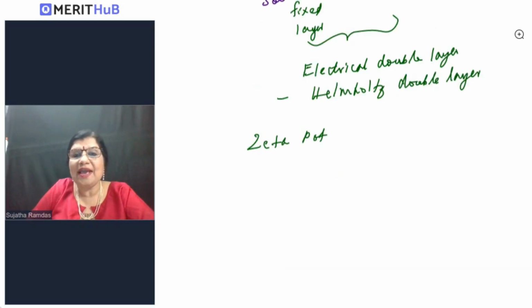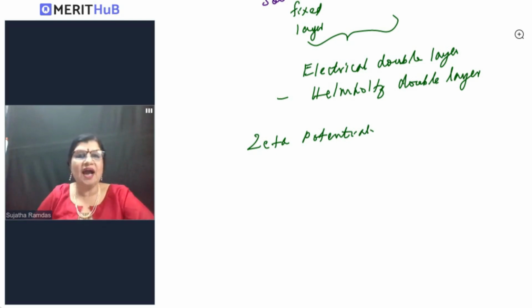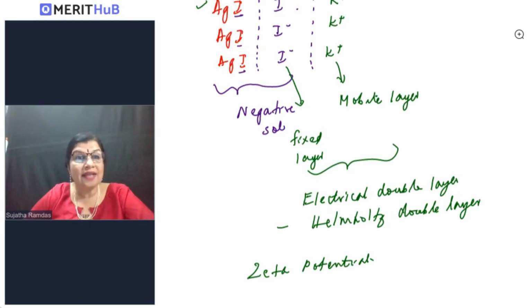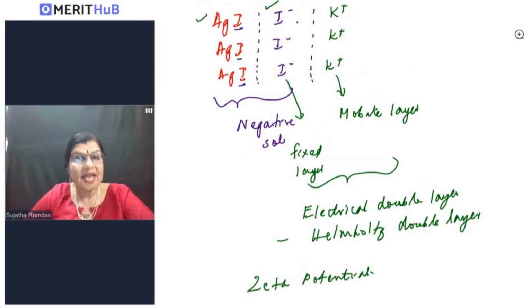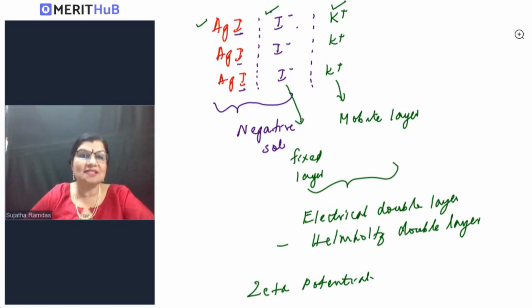So you should be aware of all these terms. But we have got the answer. The answer would be silver iodide adsorbing iodide ions in preference and the iodide ions attracting the positive ions. So this is the final answer to this question.